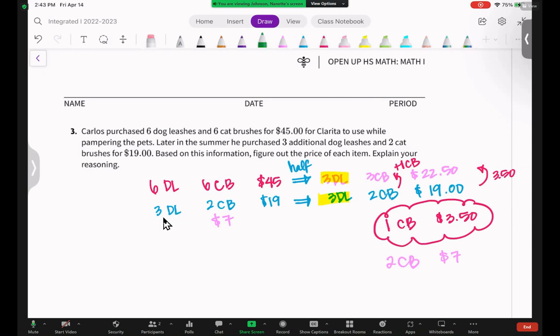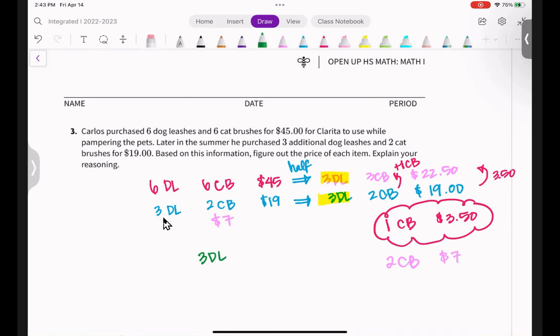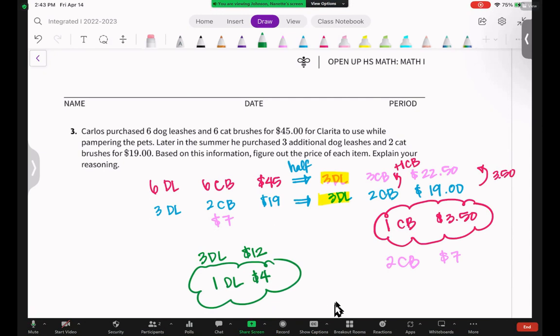And so hopefully you say something along the lines of, well, 3 dog leashes cost $12, because you're subtracting that 7 from the 19. So if 3 dog leashes cost $12, that implies that 1 dog leash costs $4, right? So there's that information.